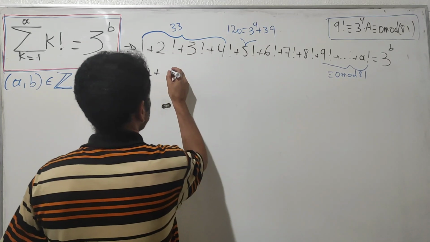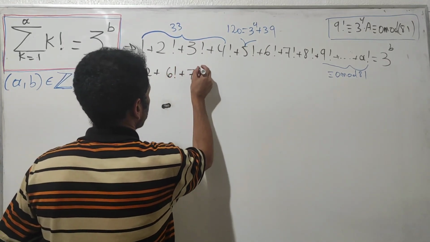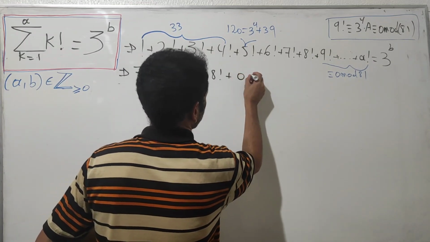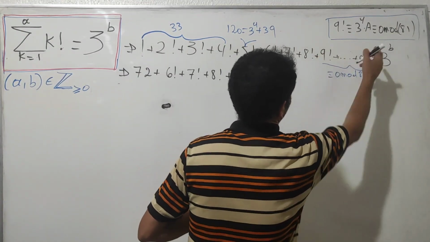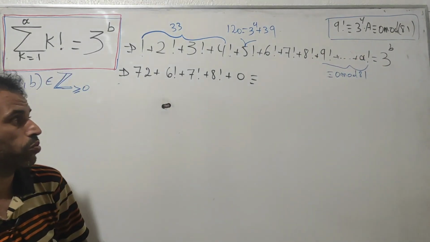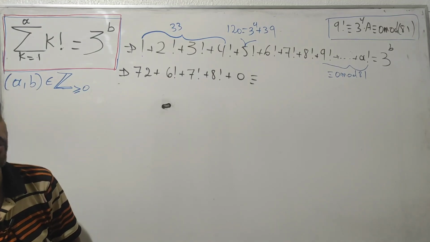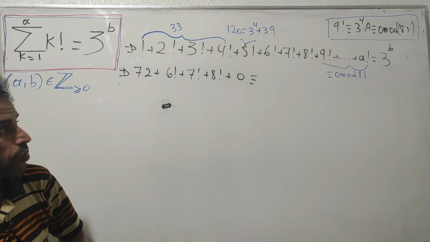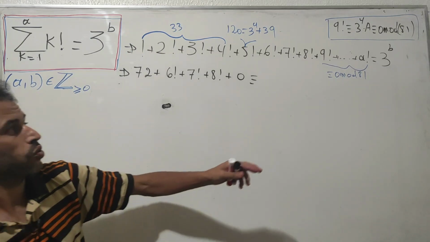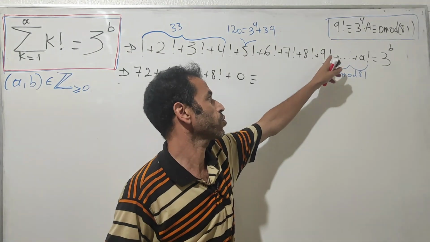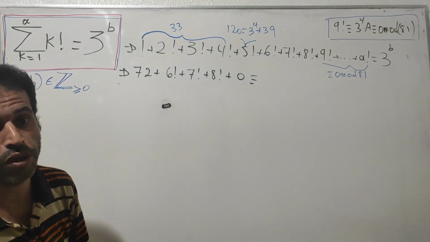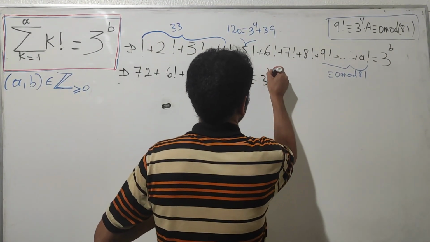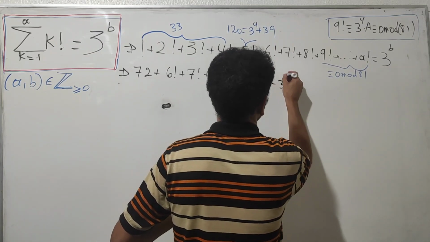The rest I will have 6 factorial plus 7 factorial plus 8 factorial plus 0, because all the following integers are going to be 0 mod 81, since 9 factorial is congruent to 0 mod 81, okay? Because 10 factorial is going to have 10 multiplied by 9 factorial, and 9 factorial is already 0 mod 81. So plus 3 to the b minus 3 to the 4th.